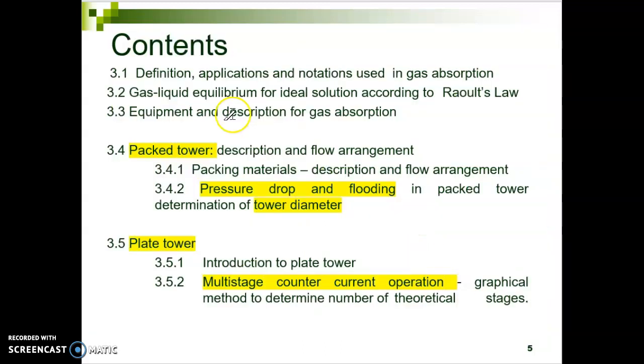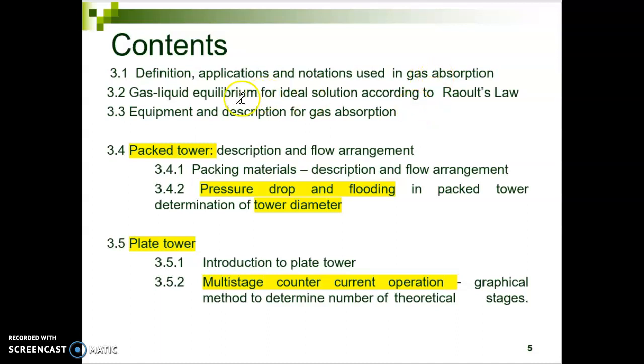Okay, so the contents of this chapter, there are 5. First, you need to define the definitions, application, and notation that are used for gas absorption. That means you need to understand how the gas absorption operates.